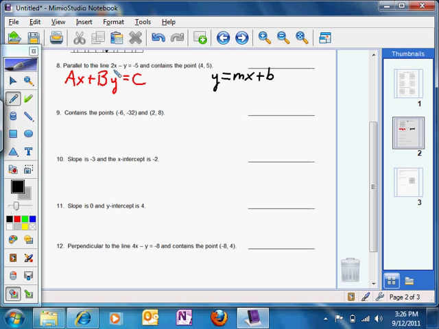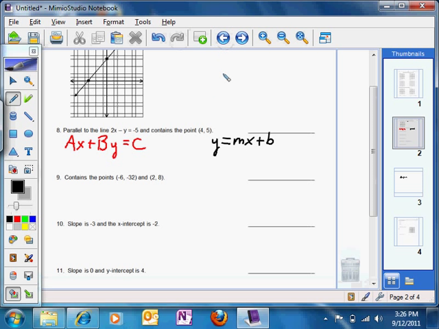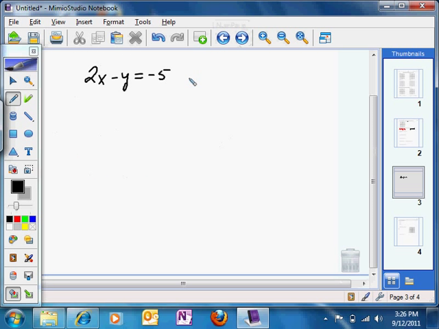They give us this equation, 2x minus y equals negative 5, and we want it to contain the point (4, 5). So this line is going to be parallel to this line, and it's going to contain this point.